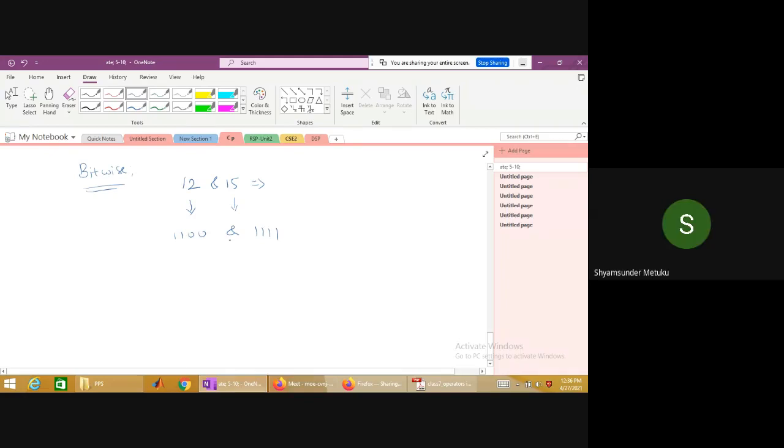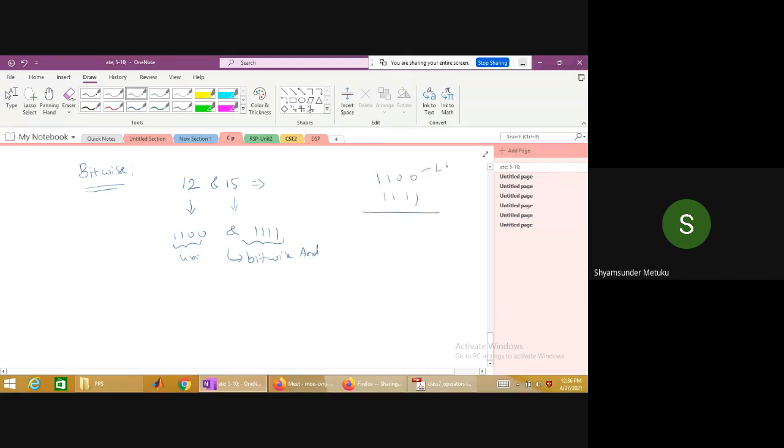So this is called bitwise AND, right? Bitwise AND itself is indicating it. Luckily here 12 and 15 both are of how much length? Binary length, number of bits equal to the length of the binary number. Yes, sir. So 4 bits. So simply you can do it this way.